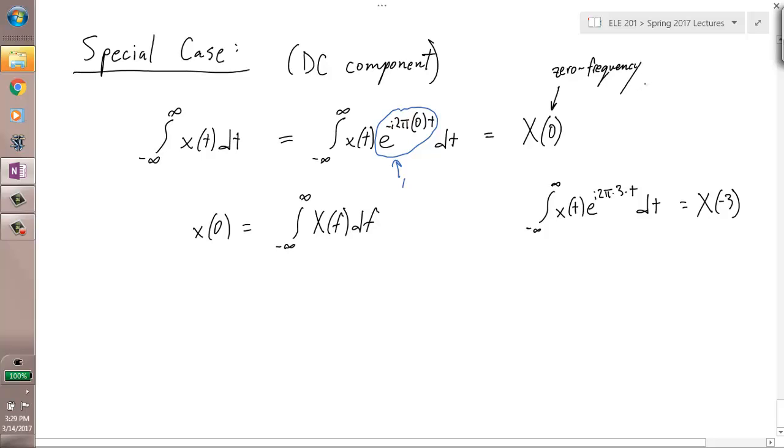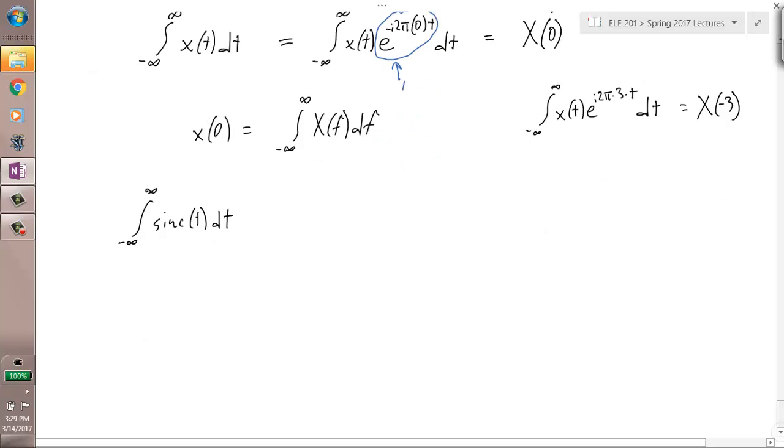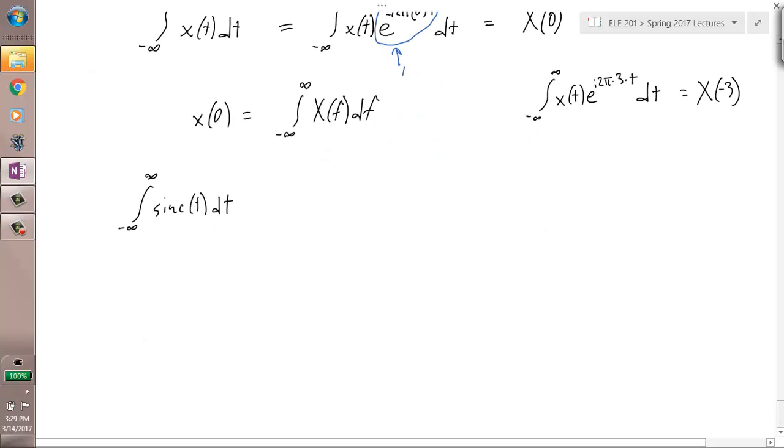Let's give an example. If you want to know the integral from negative infinity to infinity of sinc of t dt, sinc is the fun example because we know its Fourier transform. We figured it out in a very simple way by using its counterpart, rect.